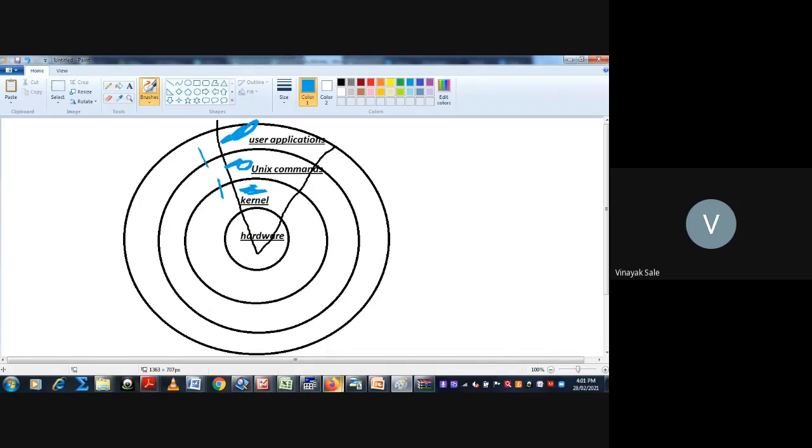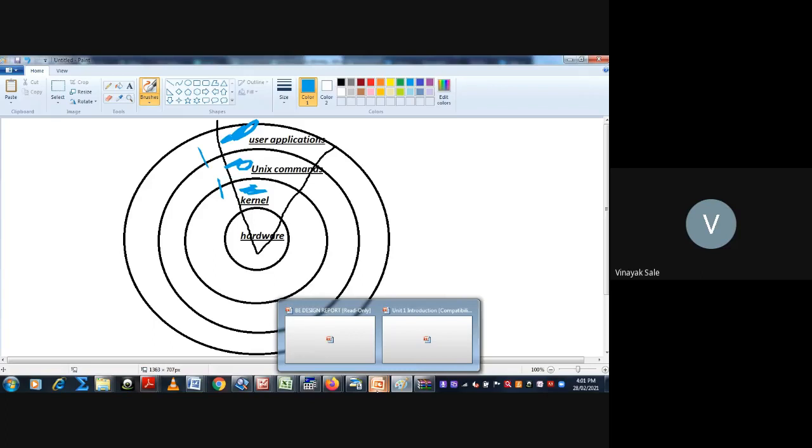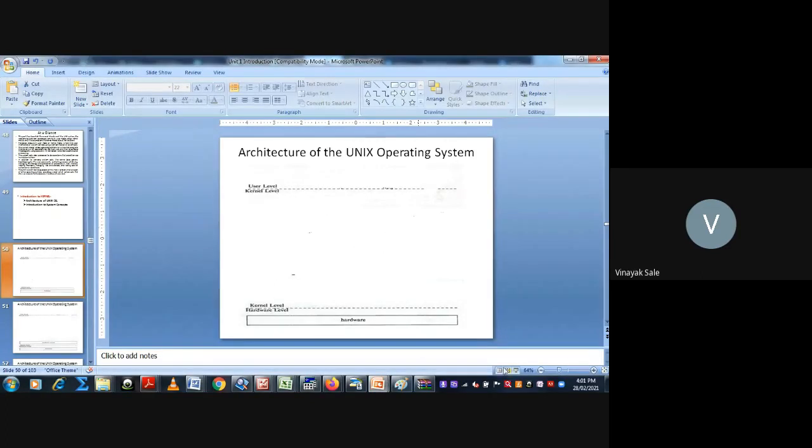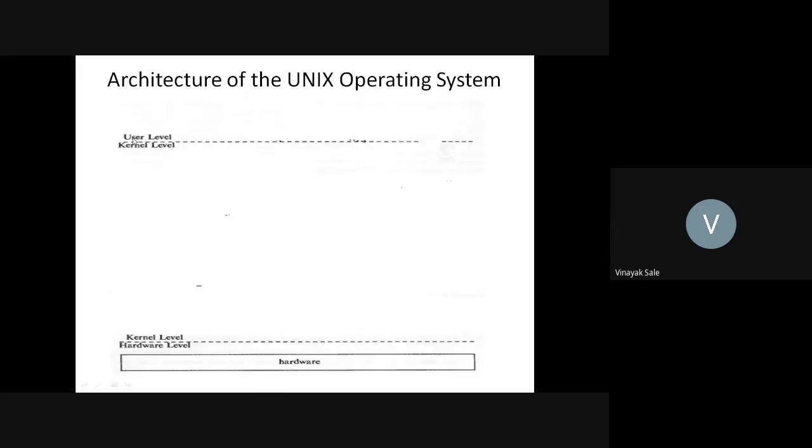So see in this PPT, user level, kernel level, then hardware level.